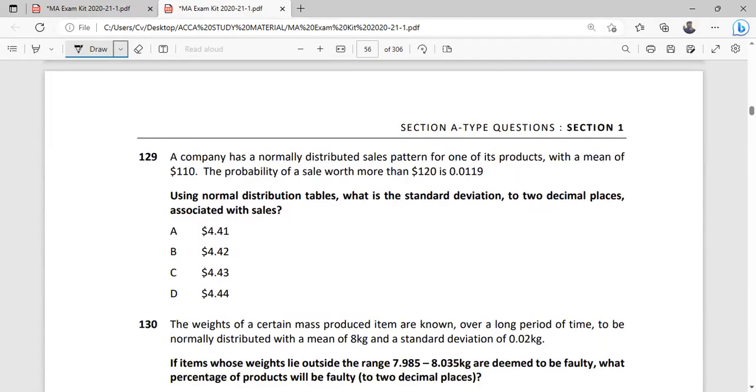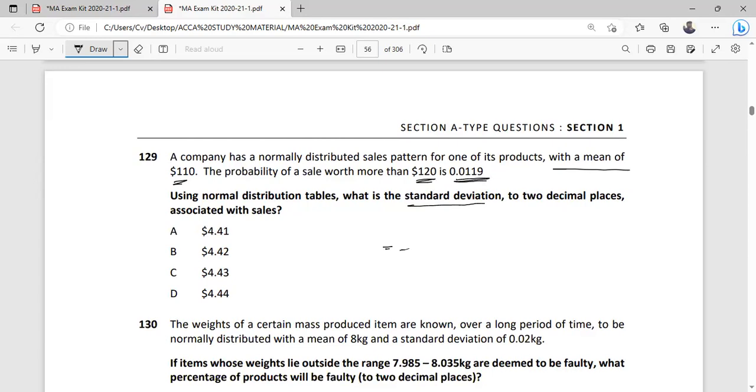Then in the next question, he says that a company has a normally distributed sales pattern for one of its products with a mean of 110. Probability of sales worth 120 is 0.0119. Using the normal distribution table, what is the standard deviation to two decimal places associated with it?